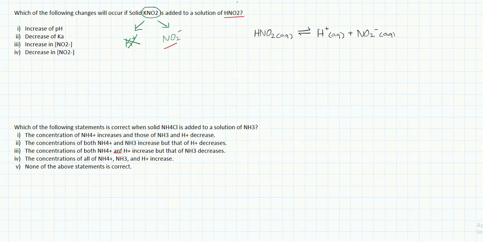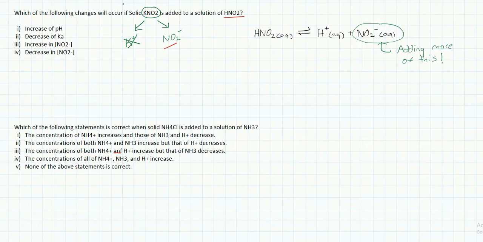Now let's think about what happens when we take this NO2 minus ion, or rather the salt, the KNO2, which effectively is just the NO2 minus, and think about how we're adding more of this. We're going to take this process that has already happened inside the acidic solution and add more of the NO2 minus ion.